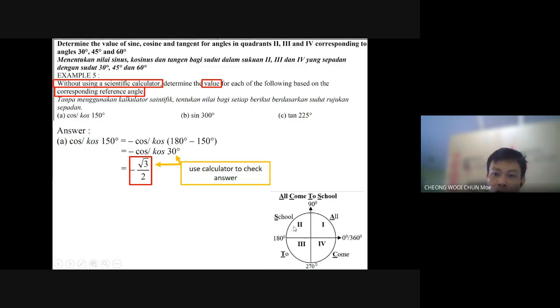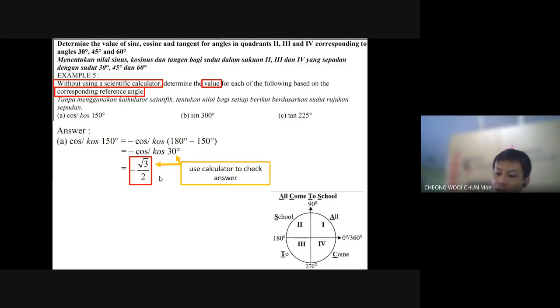To get the corresponding angle, it is always based on the x-axis: 180 minus 150, so the remainder will be cos 30. So negative cos 30. You know it's negative, but what is the fraction? You can press cos 30, you get 0.866.